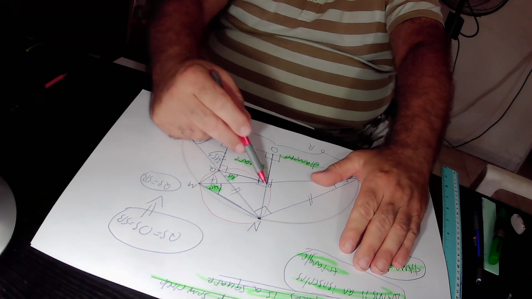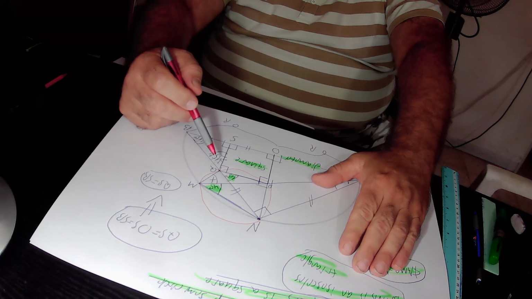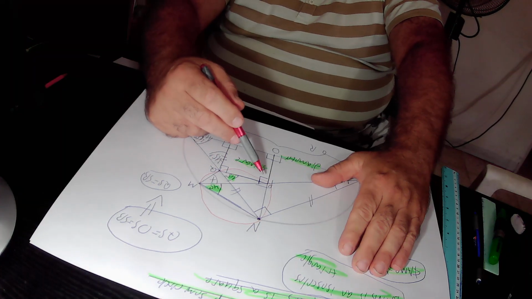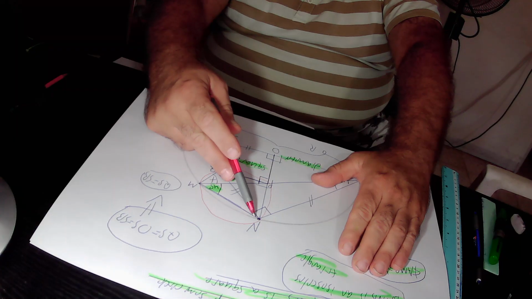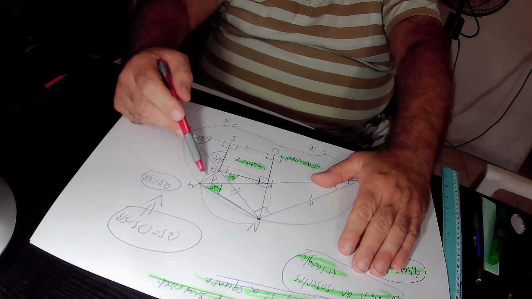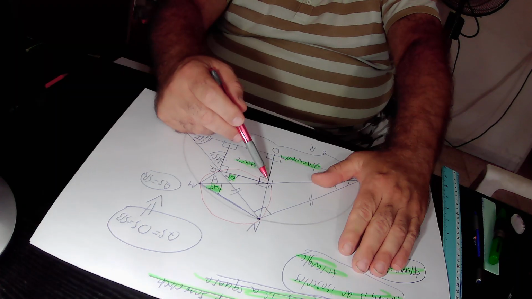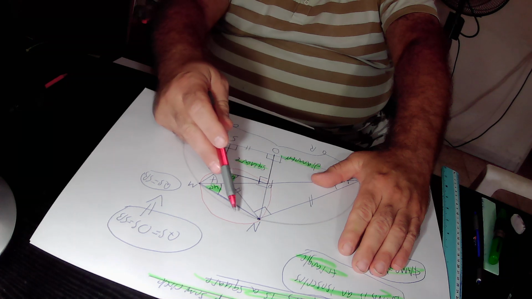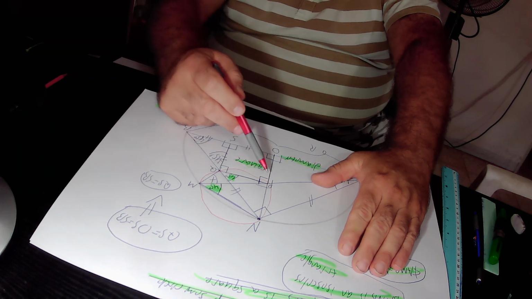Why does the red circle block quadrilateral NMQP? Because all the 4 vertices of quadrilateral NMQP lie on the red circle. This is the vertex N, this is the vertex M, this is the vertex Q, and this is the vertex P of quadrilateral NMQP.